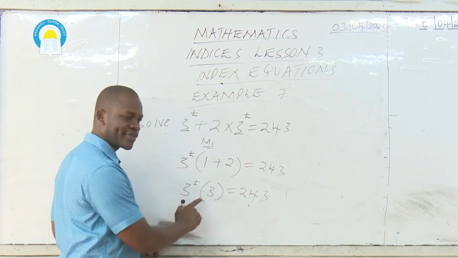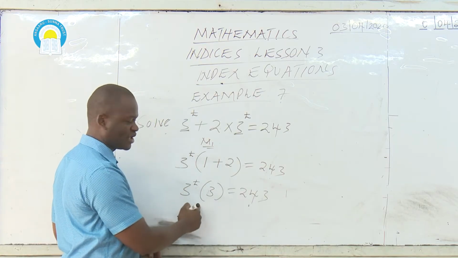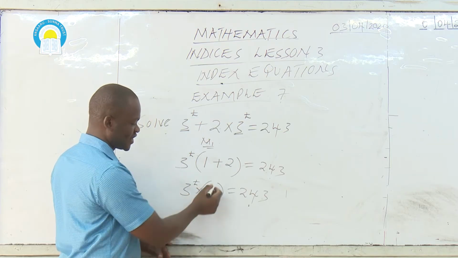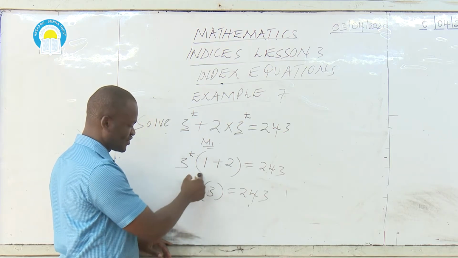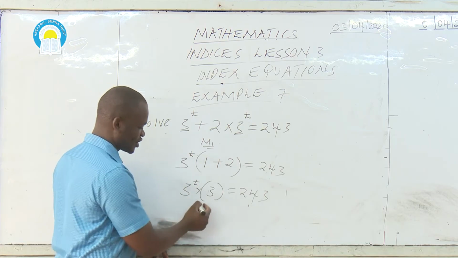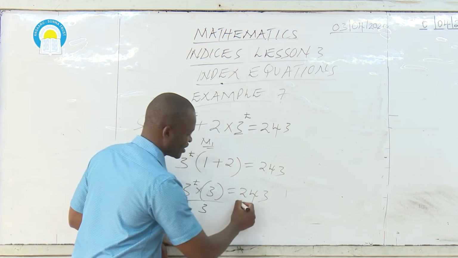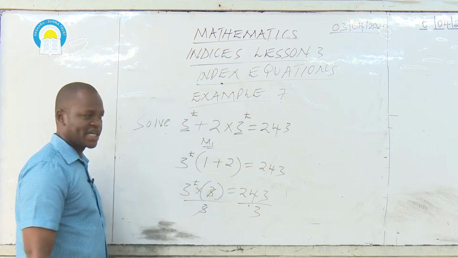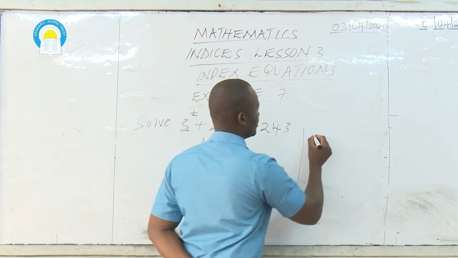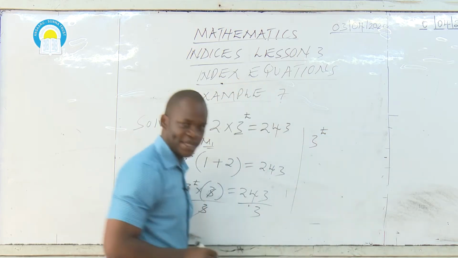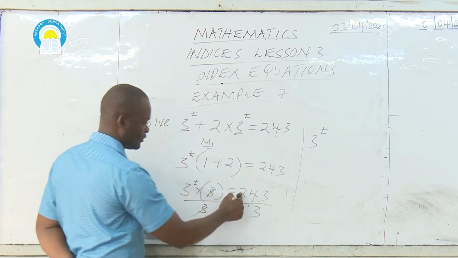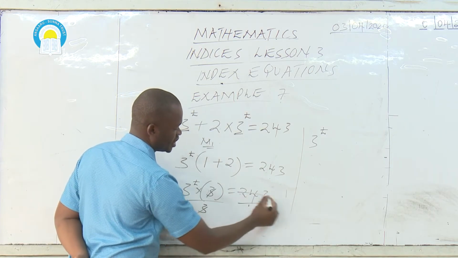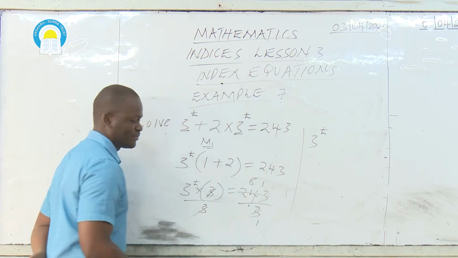Now, the presence of brackets means we have some multiplication somewhere here. So I want to obtain an expression for 3 power t. I divide through by 3. So that and that will cancel. I'll be left with 3 power t. Then 243 divided by 3. If you are keen, what do you get? You get 81.